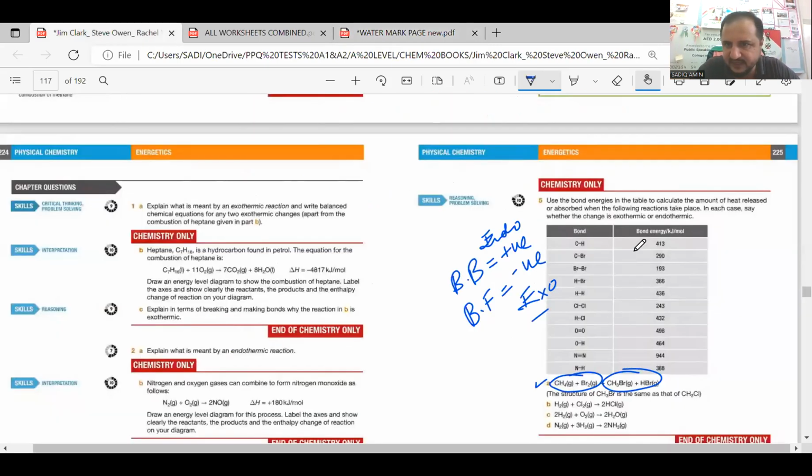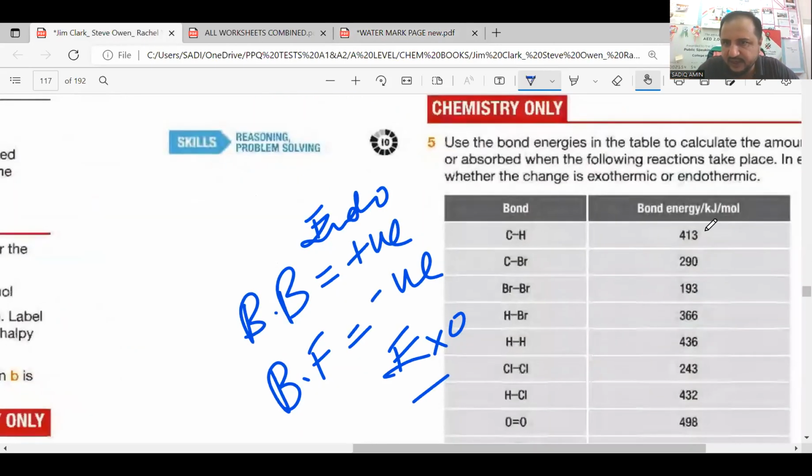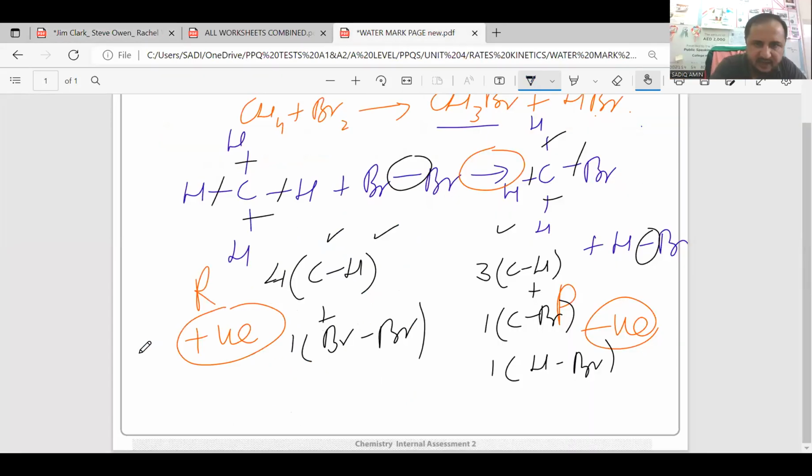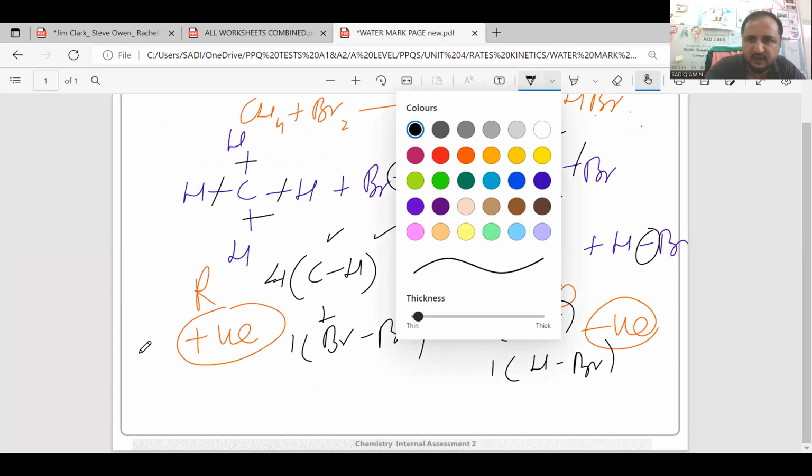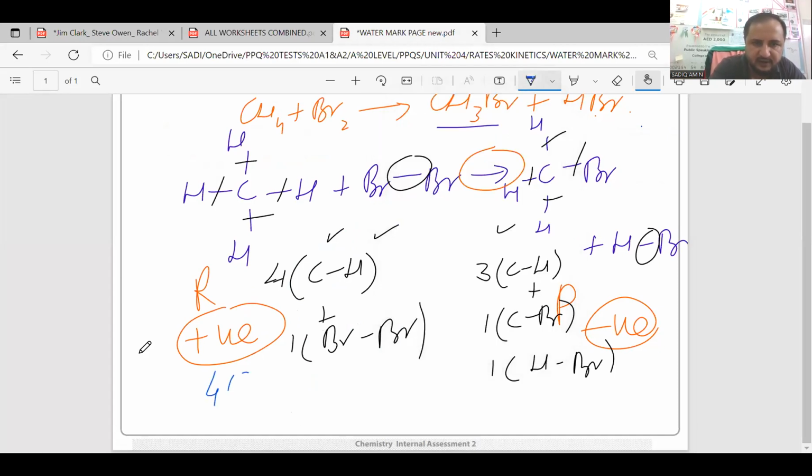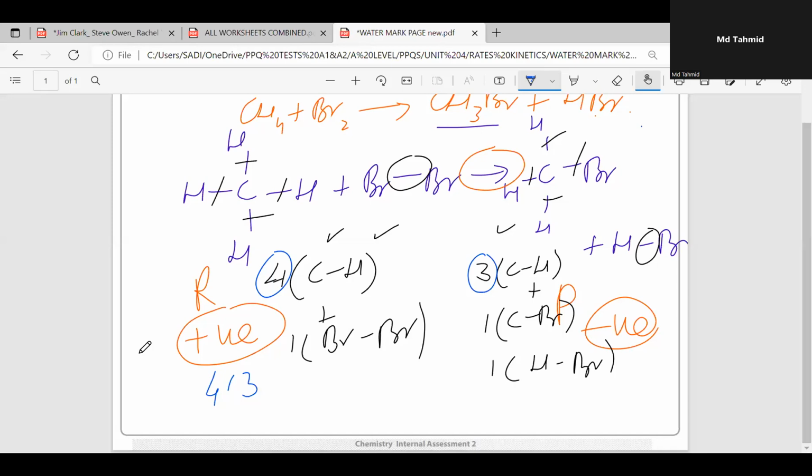And the value of the C-H relation is how much? It is 413. So I'm going to take 413, but I'm taking it one time because the 3 and 3 on both sides are cancelled out. So one time 413 plus.